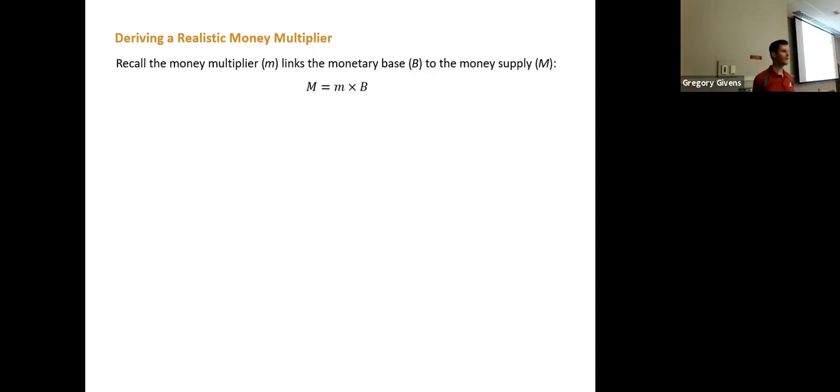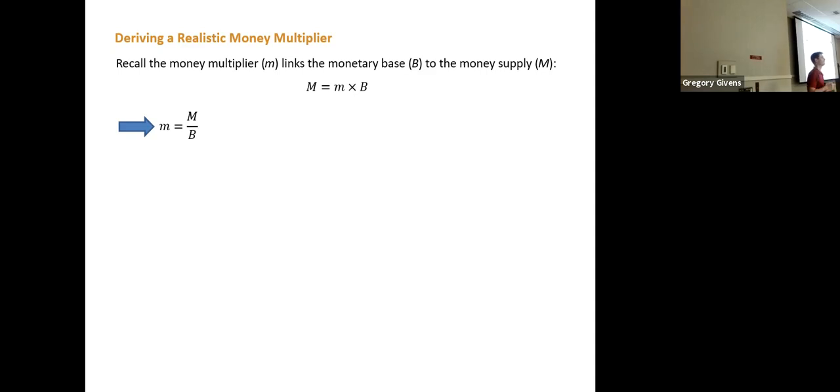All right, first off, let me flip this equation on its head. What does it tell us? It tells us very simply that the money multiplier is just equal to the money supply divided by the monetary base. Can we go further? What is the money supply equal to?